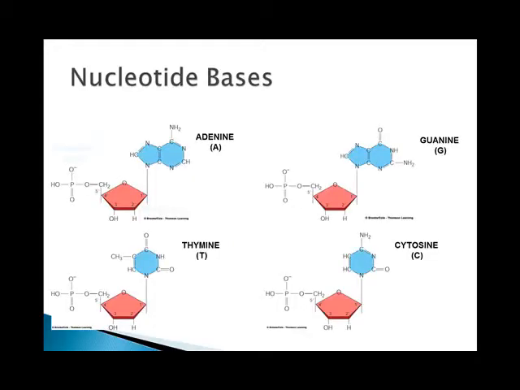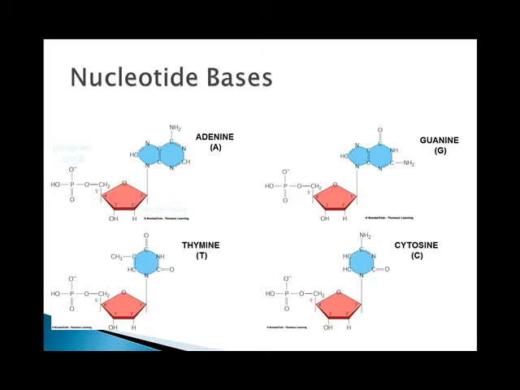Adenine bonds with thymine and cytosine bonds with guanine according to Chargaff's rule. You'll notice that of the two that bond together, one has a double ring on the nitrogenous base and one has a single ring, and they join together. Those are actually called purines and pyrimidines, but you don't need to know that.